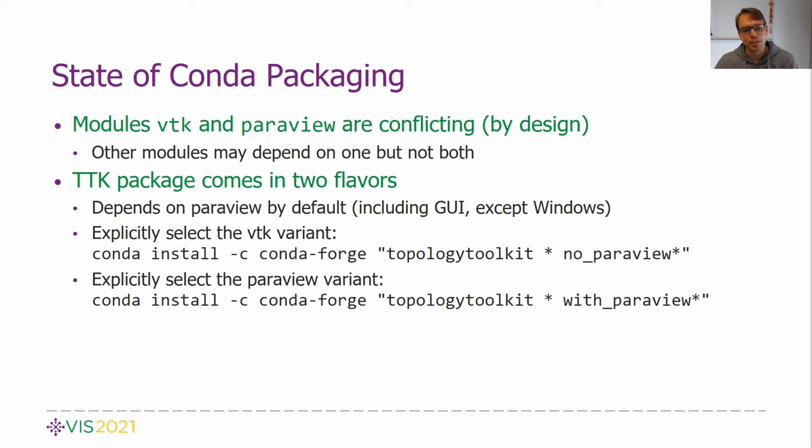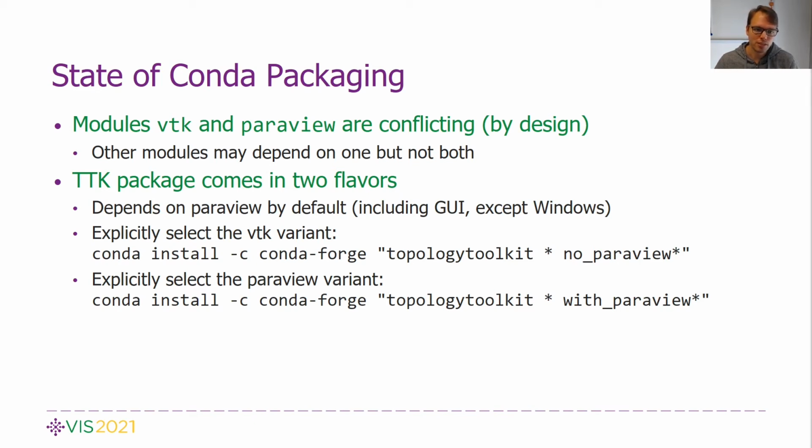For the TTK package, we solved this by providing two different versions, where one depends on VTK and one depends on ParaView. The default that you get when you install TTK through Conda is the one that depends on ParaView. And this ParaView package actually comes with a full GUI, except on Windows, where there currently is a packaging issue.